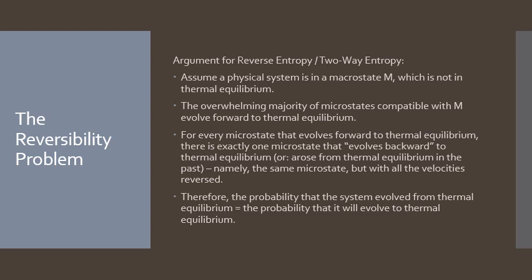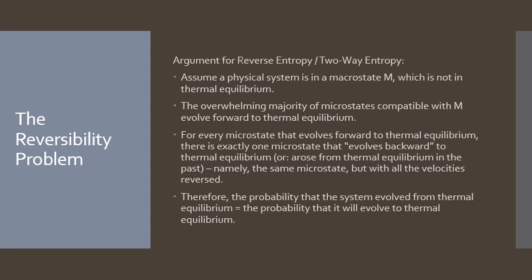How do I know that? Well, you just take the time reverse of the earlier microstate. If there's a microstate that will evolve forward to thermal equilibrium in the future, then if you just take the same state but reverse the direction of all of the velocities, you get a microstate that, quote, evolves backward to thermal equilibrium, or more colloquially, a microstate that would have arisen from thermal equilibrium in the past.